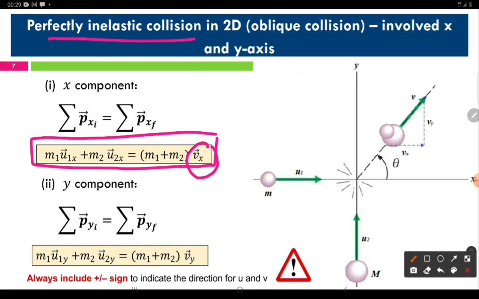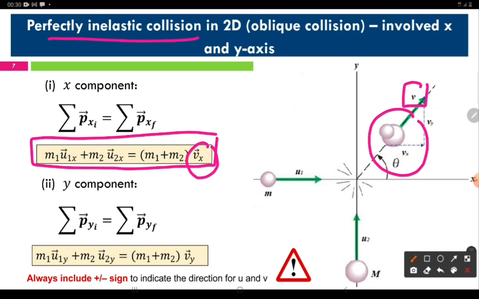Perfectly inelastic collision means after collision, both objects move with the same final velocity v because they stick together after colliding with each other.